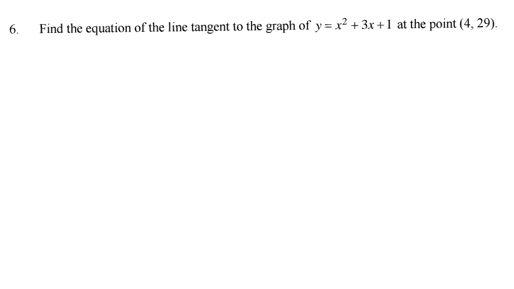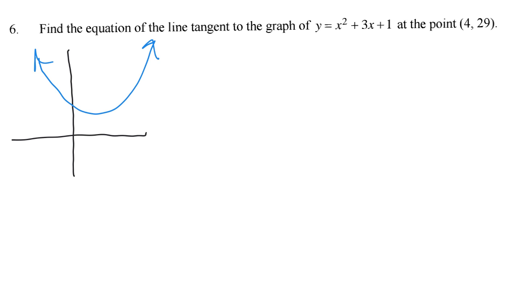We have this quadratic. I'm not sure exactly what it looks like, but I do know that it opens up and it doesn't factor. So anyway, let's just give us any old quadratic, okay? And we want to find the equation of the tangent line at the point (4, 29).